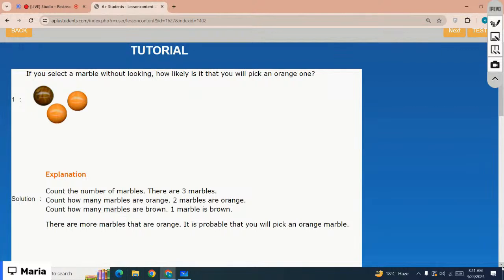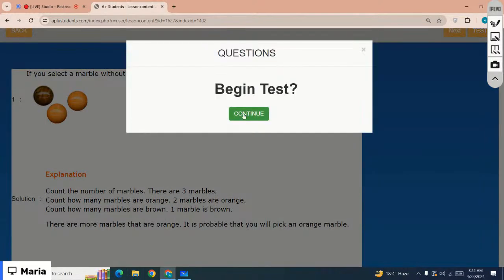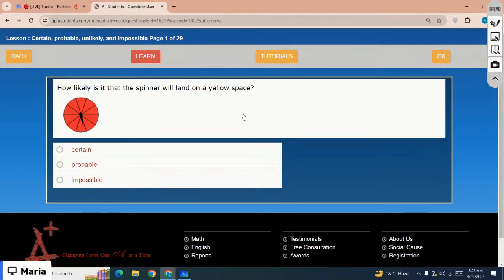Okay, let's just start with the test questions. Basically, these are words like likely, unlikely, and more likely, right? And they have exactly the same use. How likely is it that the spinner will land on a yellow space? Which is the correct option: certain, probable, impossible?